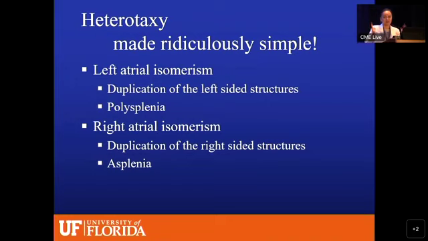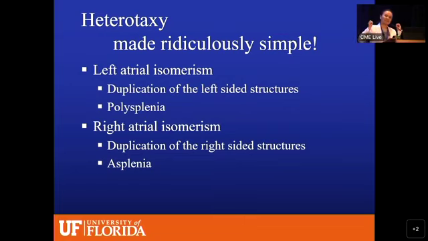So again, for me, I think I fell in love with pediatric cardiology when heterotaxy made sense. Every time when I was a pediatric resident, they gave me heterotaxy and I'm like, oh my God, I'm overwhelmed. There's a canal, there's an arch issue, double outlet right ventricle, malposed great vessels.